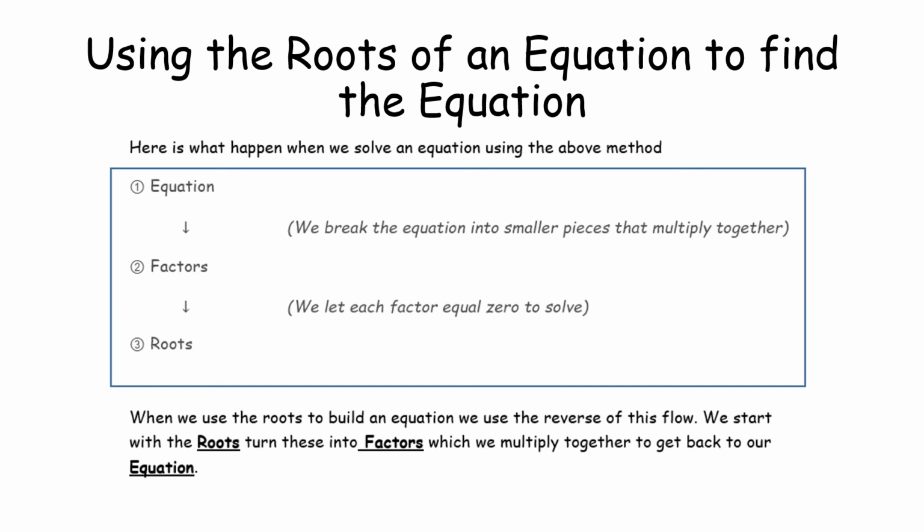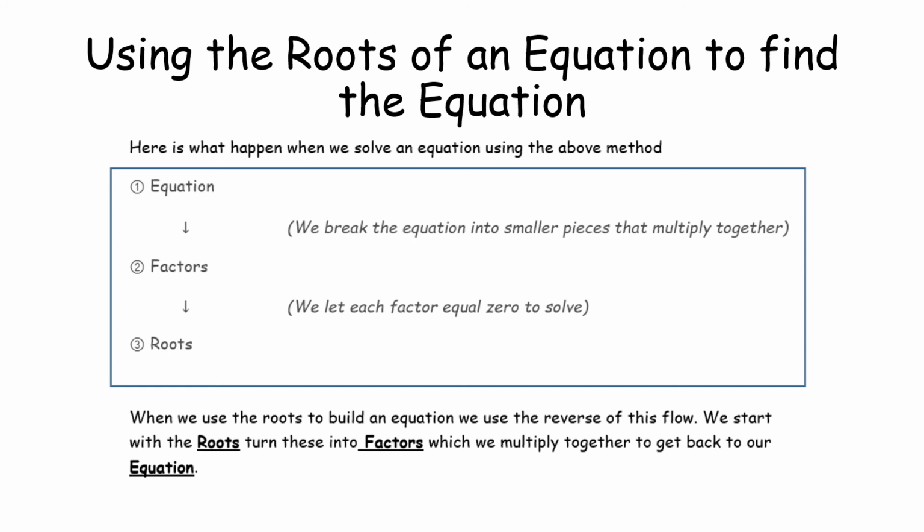So we start with the roots, we then get the roots into factors, we then get the factors into an equation. So if we let each factor equal 0, the opposite will be true. We're going to rearrange our roots so that it's something equals 0, which will create our factors. And if we were factorizing our equation to get factors, the opposite of factorization is multiplication.